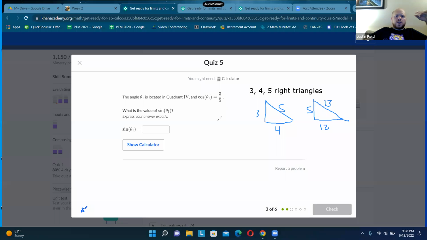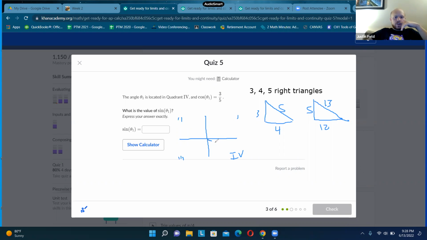So we are going to draw our axes, and quadrant 4 is down here. You know, 1, 2, 3, and 4, and the cosine is 3/5.